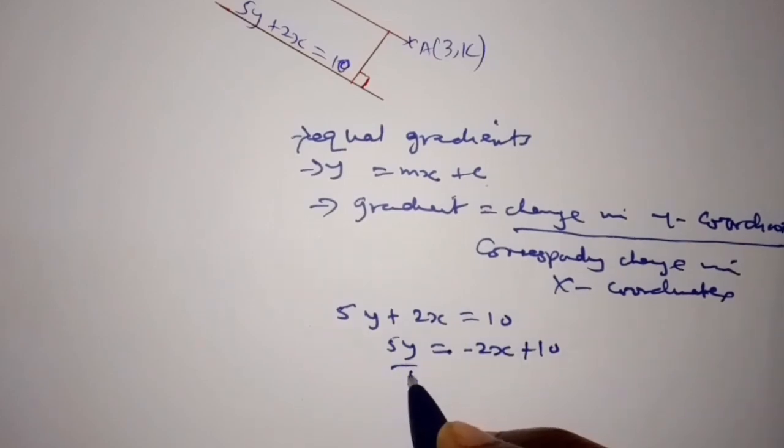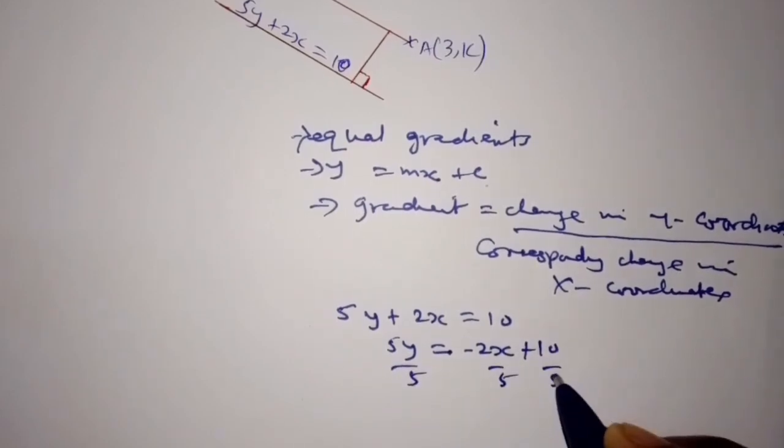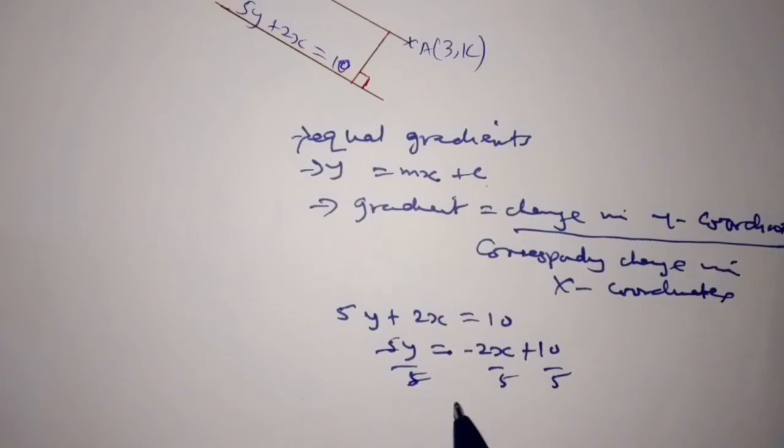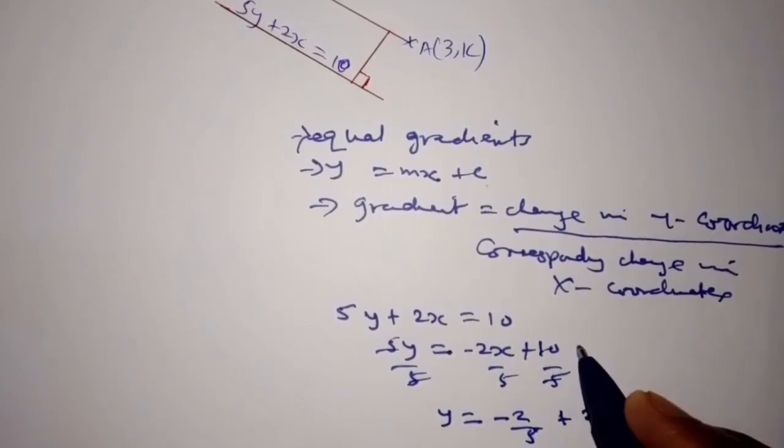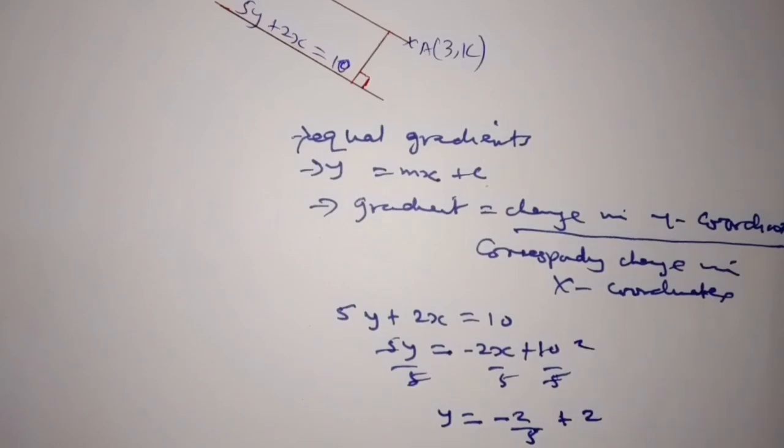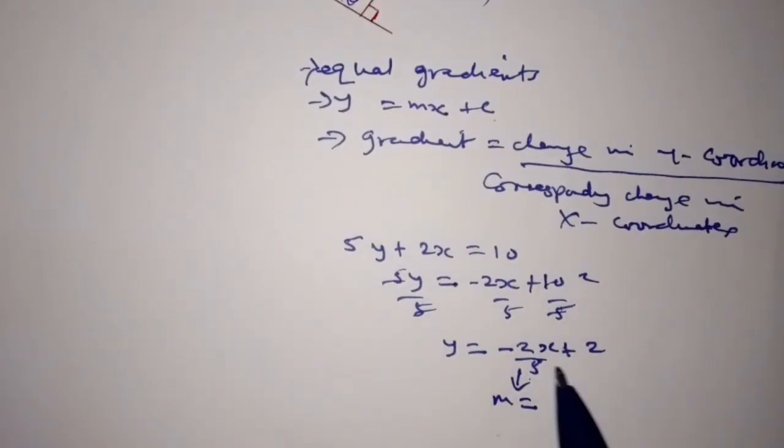We can divide by 5 throughout. Y is equal to negative 2 over 5 times x plus 2.